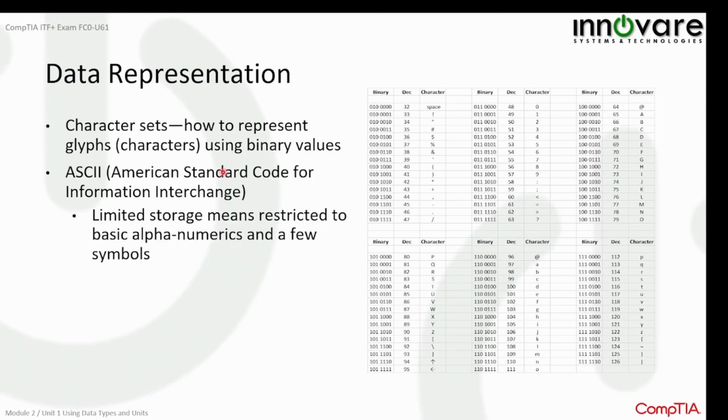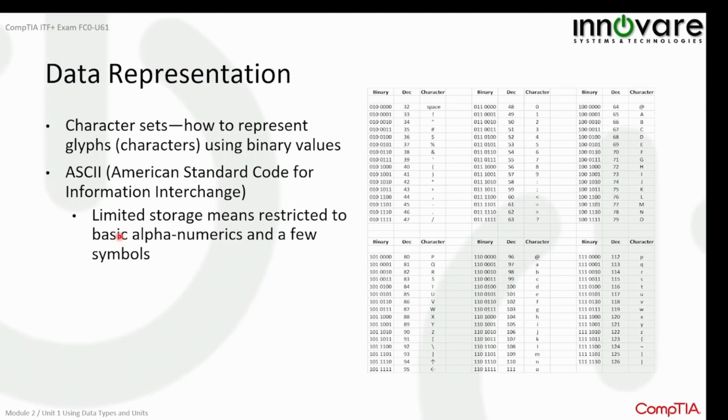And then there's also an organization that has its own set of data representation, called ASCII. ASCII stands for American Standard Code for Information Interchange. It has limited storage and is restricted to basic alphanumerics, and it is usually used in data communication.